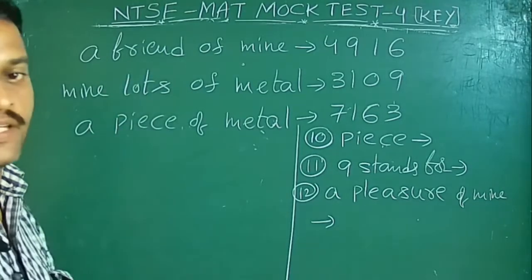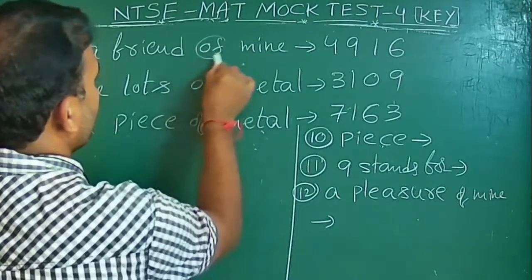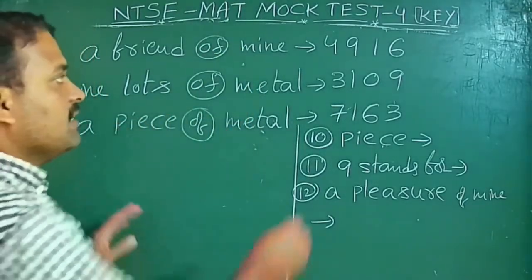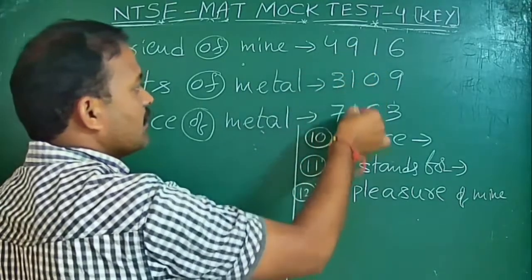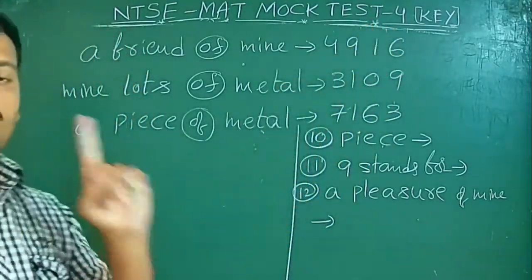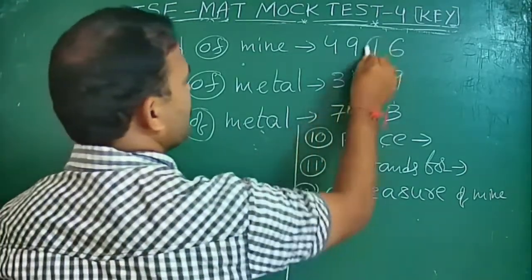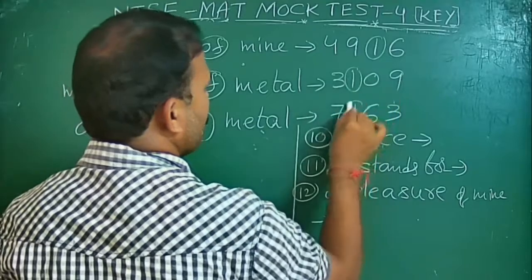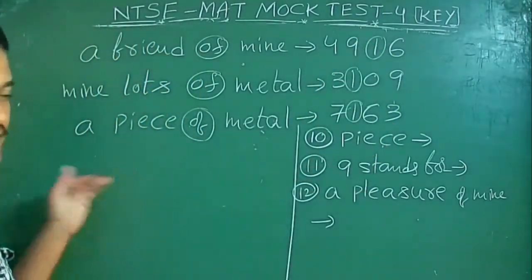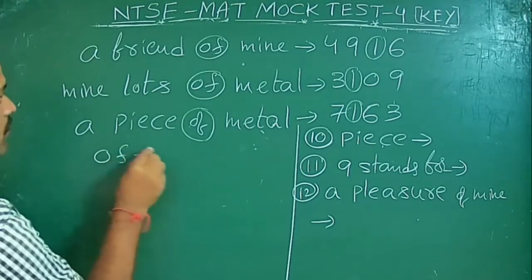First you need to find out the common words. In all three sentences 'of' will be common, and in all three groups of numbers one number is repeated. See here, one is repeated in all three groups of numbers. So here what is the code of 'of'?